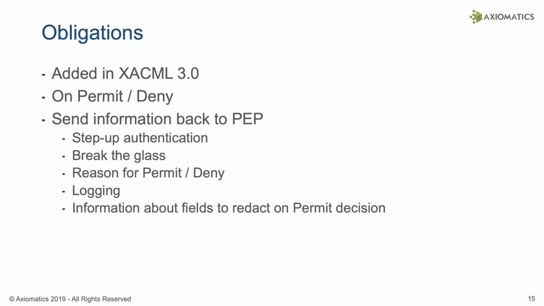You can also use obligations, probably not obligations, but more advice, for logging purposes, where you can return additional data from the authorization engine that can then be logged on the application side, the policy enforcement point side. And then the last example of usage is what we're looking at here: information about what fields to redact on a permit decision.